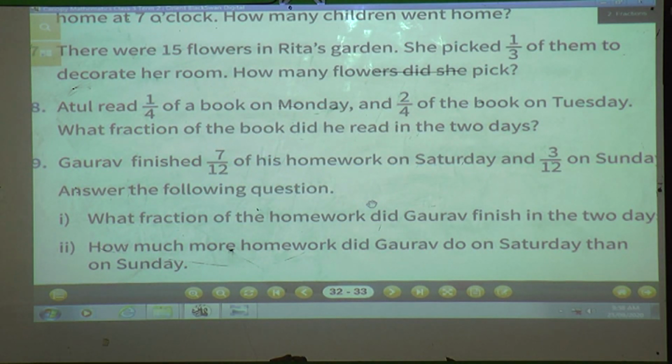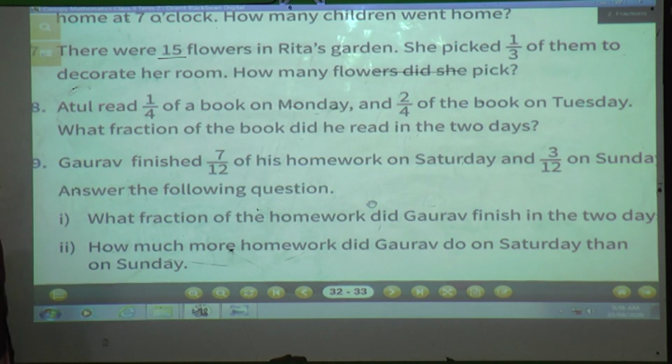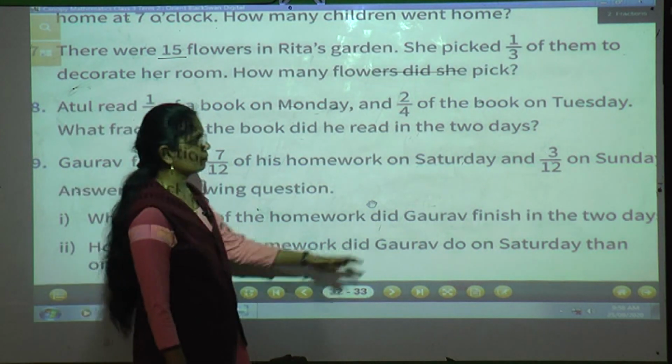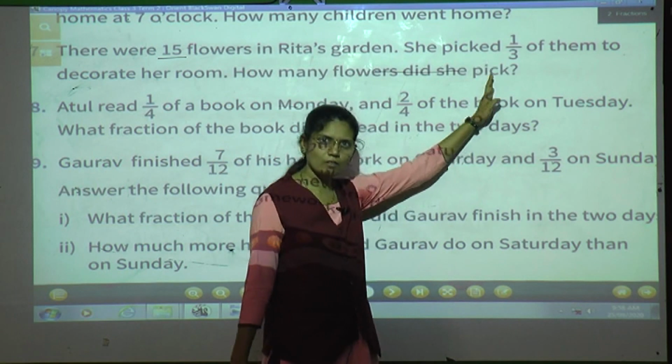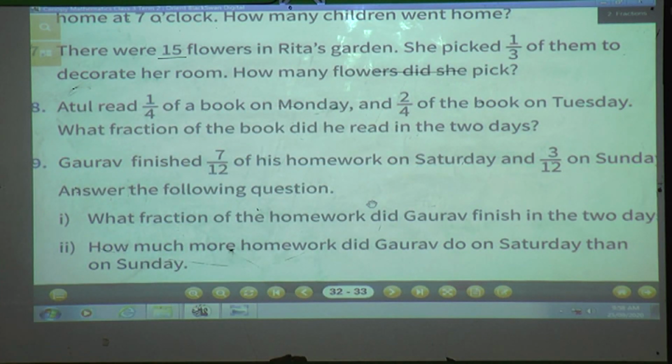How many flowers did she pick? See here, first of all, tell me number of flowers. How many total flowers were there in the garden? Yes, in the garden there were 15 flowers. Yes, out of that 15, she picked 1/3. And our question is, how many flowers did she pick?